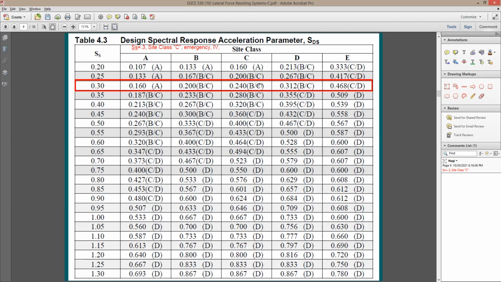Because this is reserved here for risk category 4, and B is reserved for risk category 1, 2, and 3. So I'm going to say here SDC is equal to C. This is correct. All right. So this table should save some time or some headache, I guess, if you are unable to use your computer.